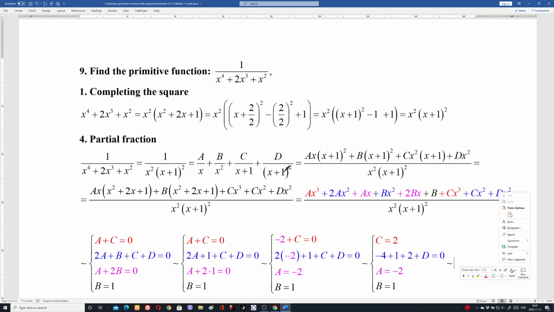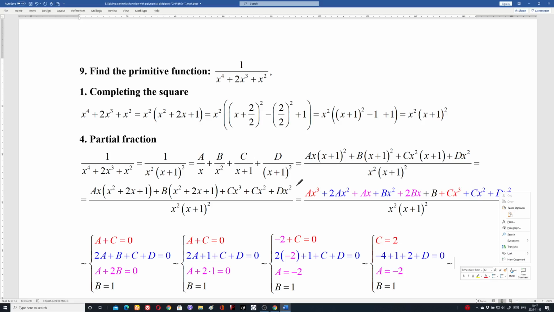And now we should do the partial fraction. The partial fraction we're doing here, you see. So first we have a divided by x. After that we have b divided by x^2. After that we have plus c divided by x + 1, and plus d divided by (x + 1)^2.